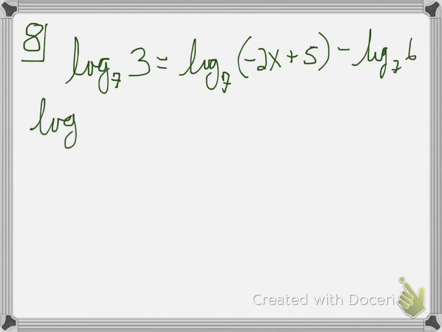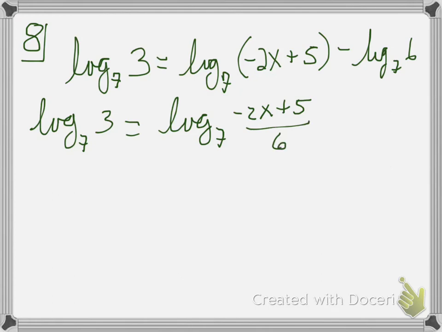This time we're going to leave the left-hand side alone and write the right-hand side as a single logarithm. Log base 7, negative 2x plus 5 divided by 6.